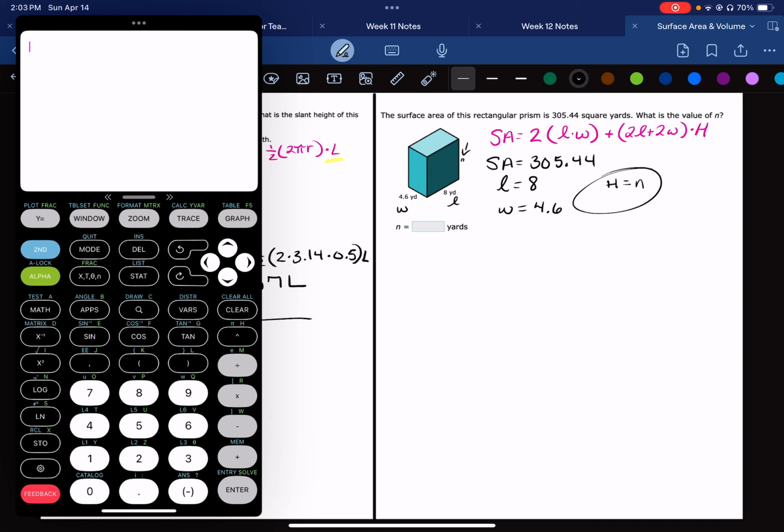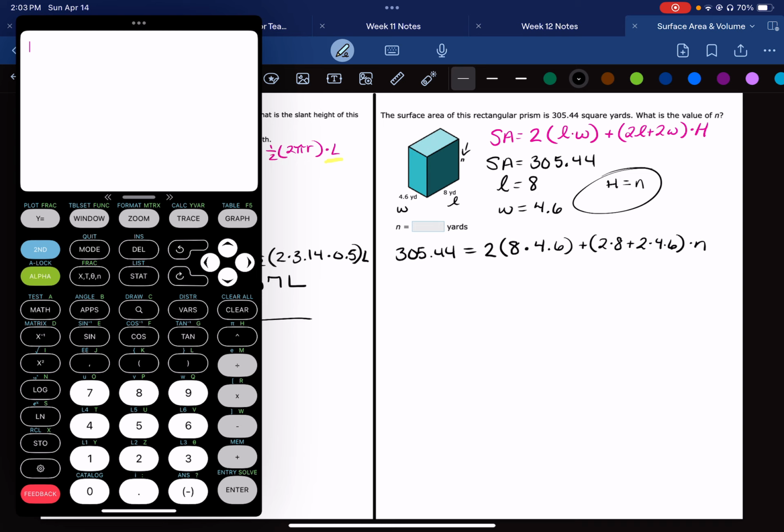Surface area changes to 305.44, equal to 2 times the length, which is 8, times the width, which is 4.6, plus 2 times 8 plus 2 times 4.6, times n. Because we don't know the height, and the problem is telling us to use n for that, we replace it with n.